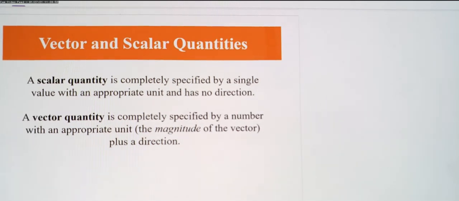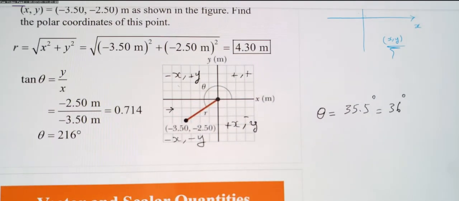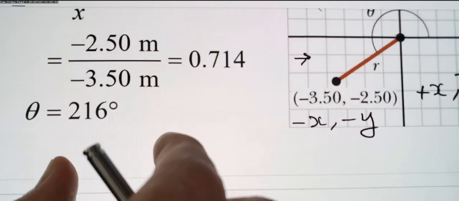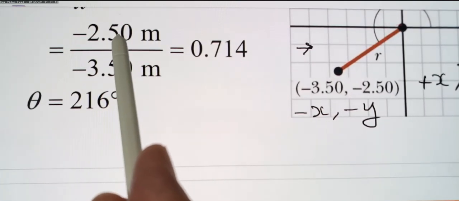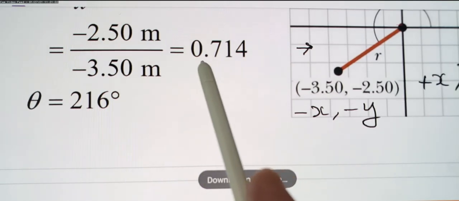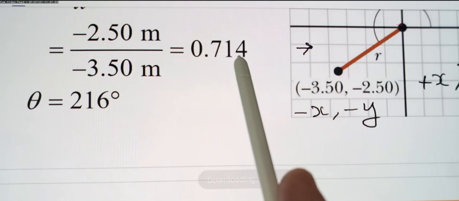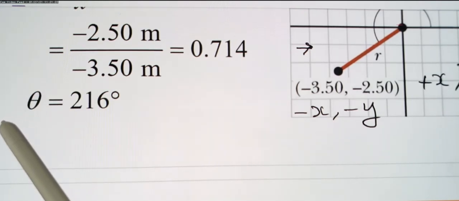Okay, Yusuf Ali. If I give you the y-axis and the x-axis, and it's 0.714, what's the theta when you use your calculator?